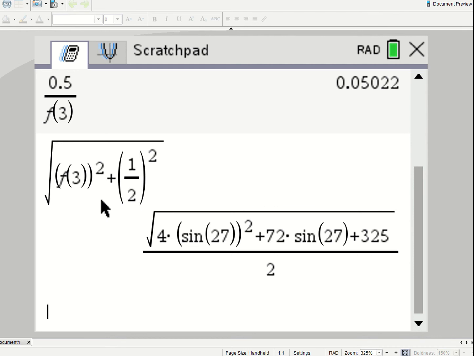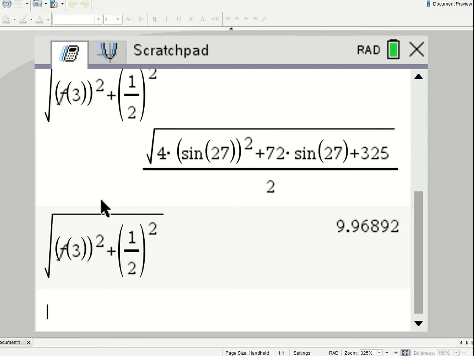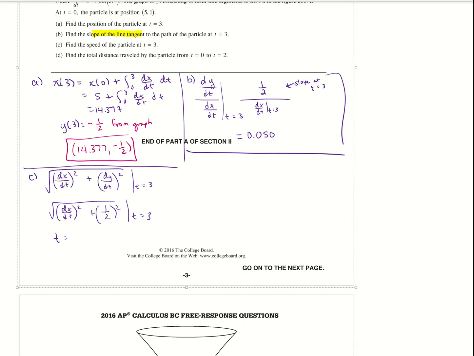And I'm going to convert that to a decimal to get approximately 9.969, 9.968. You can write that how you want, but correctly. You can choose to truncate or round. I'll truncate. Doesn't matter.